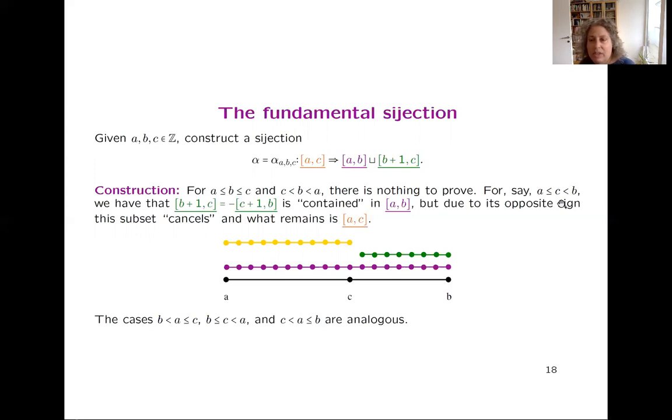But say for instance, we have this relative order here. Then it turns out that the purple interval [A, B] is the biggest interval. The green interval here is a subset of the purple interval, but it has opposite sign, and therefore this disjoint union makes it disappear, and what remains is this here, and that's precisely the left-hand side.